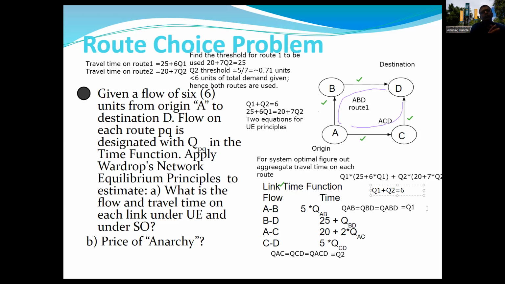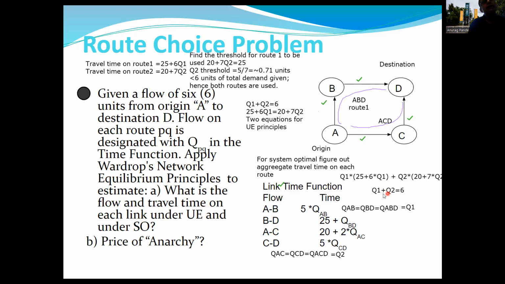Now, to get the system optimal travel time, I need to minimize this aggregate system travel time that's represented by this equation right here. So how do I do that? I do that by representing all of this in terms of one variable, and then remember to get a minima of a function, I differentiate that equation and set the derivative equal to 0.